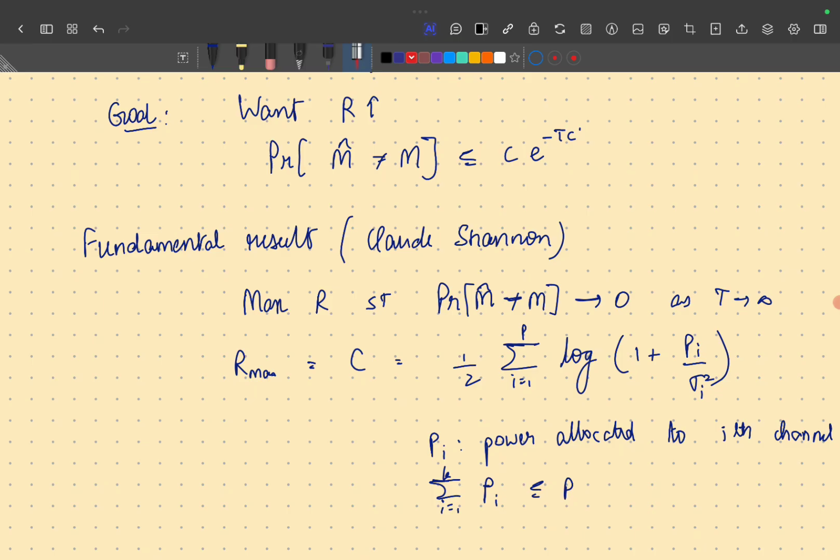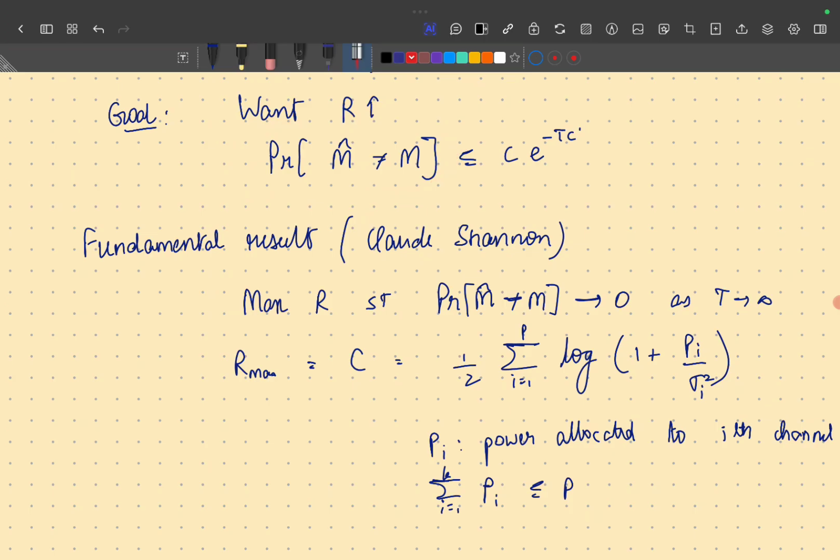Then you can make the overall probability of error arbitrarily small. As t increases, this quantity decays very sharply. The fact that this is even possible is a little bit surprising, but he showed that yes, it is possible.